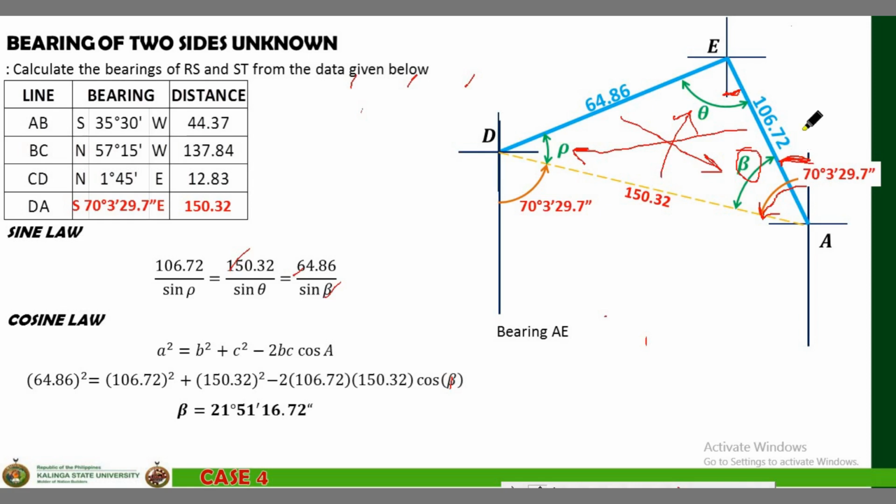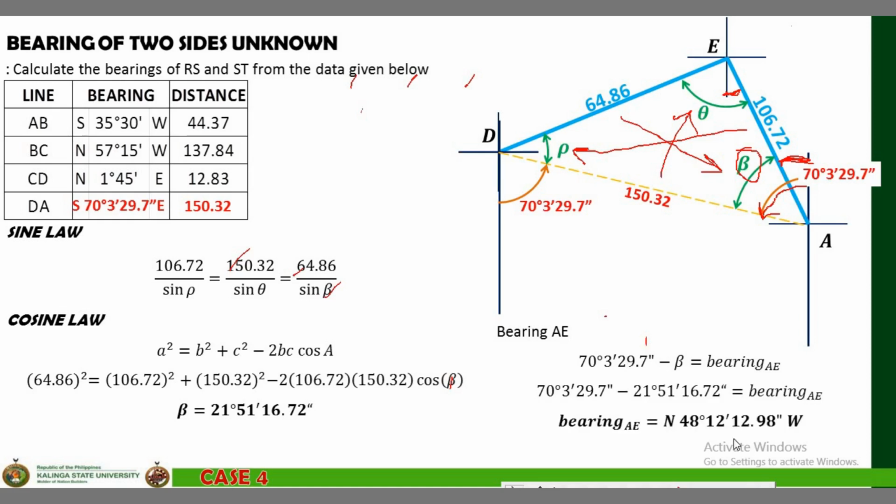Let's say this angle is the bearing of AE. From the diagram, the bearing of AE is equal to 70 degrees 3 minutes 29.7 seconds minus beta. That is equal to 48 degrees 12 minutes and 12.98 seconds. That is the bearing of AE.